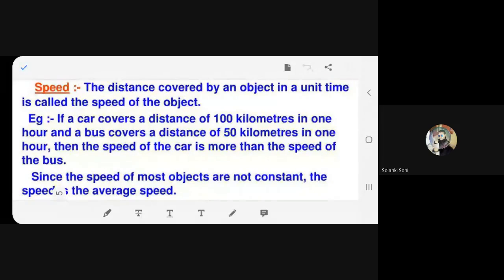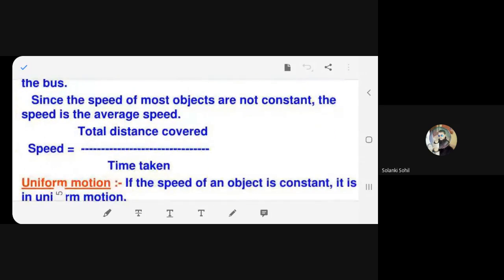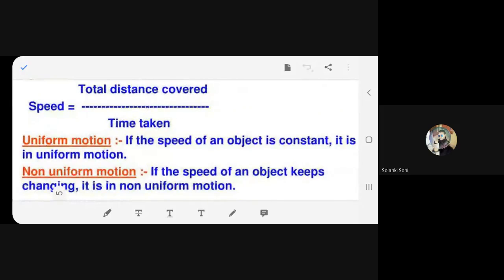Since the speed of most objects is not constant, the speed is the average speed. Speed equals total distance covered upon time taken. Uniform motion: if the speed of an object is constant, it is in uniform motion. Non-uniform motion: if the speed of an object keeps changing, it is a non-uniform motion.